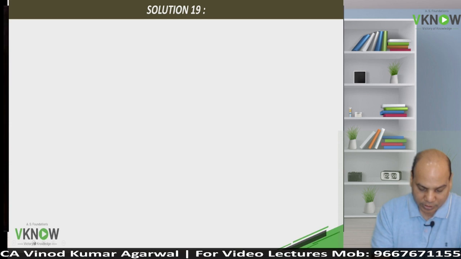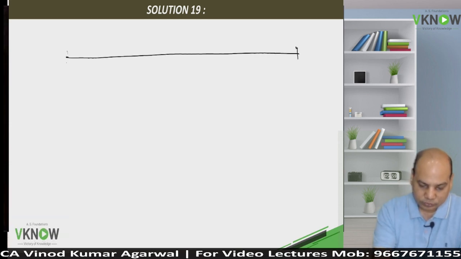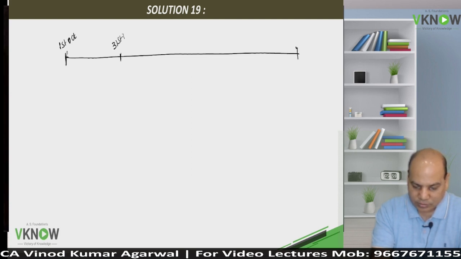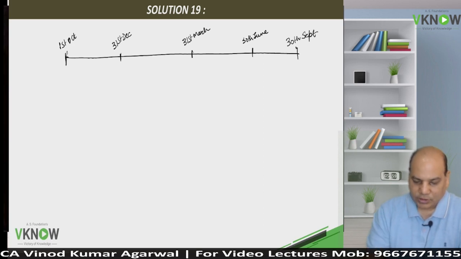Now see what is happening. This is the financial year. 1st October is the starting date, then 31st December, then it will have 31st March, then it will have 30th June, and then it will have 30th September. So this is the financial year.